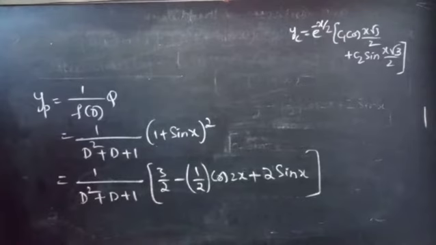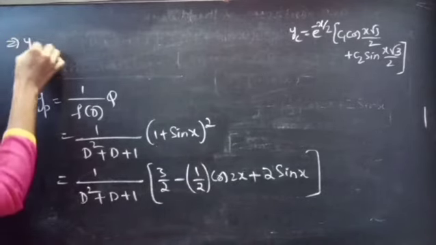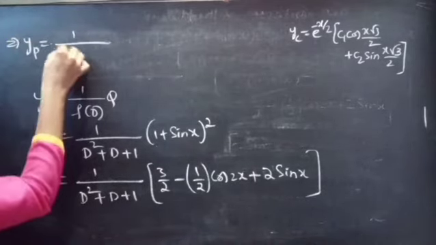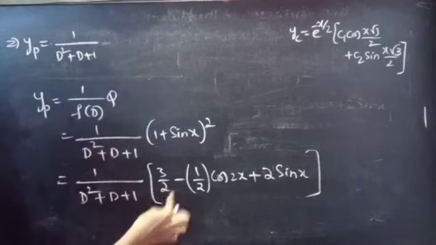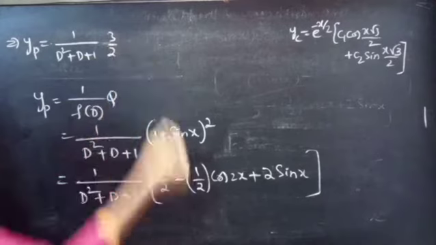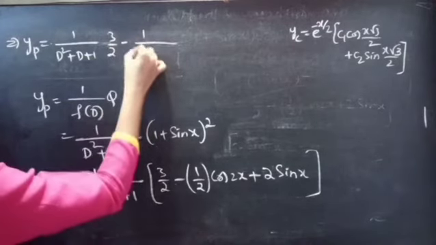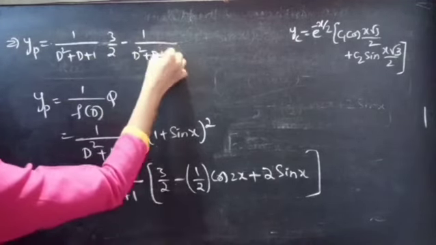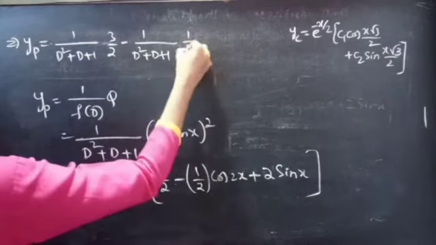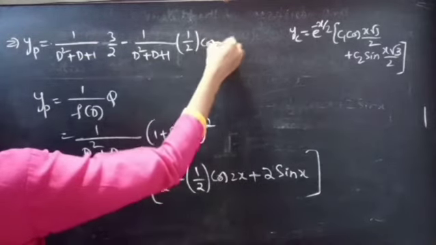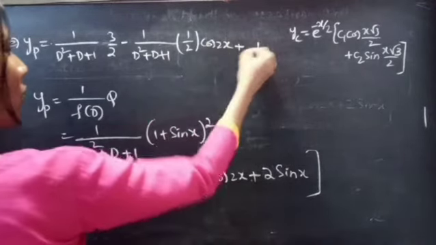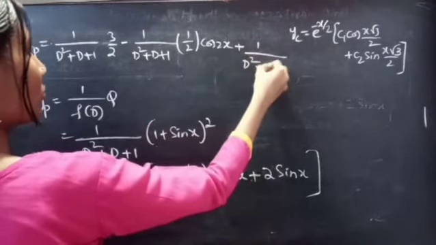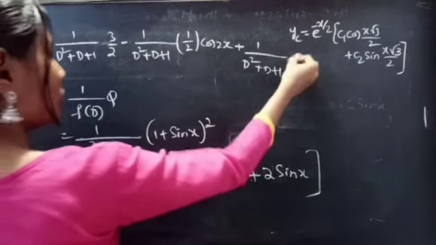Now we can write yp as 1 by f of d into the first term, minus 1 by f of d into the second term, 1 by 2 into cos 2x, plus 1 by f of d into the third term.